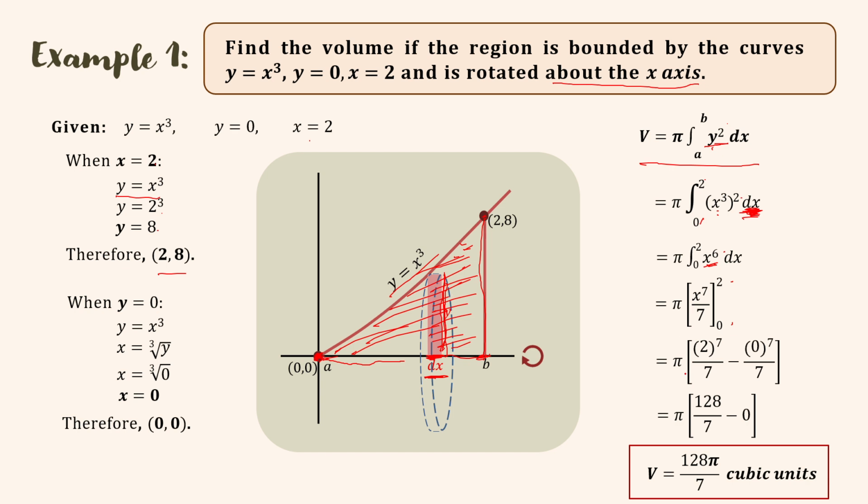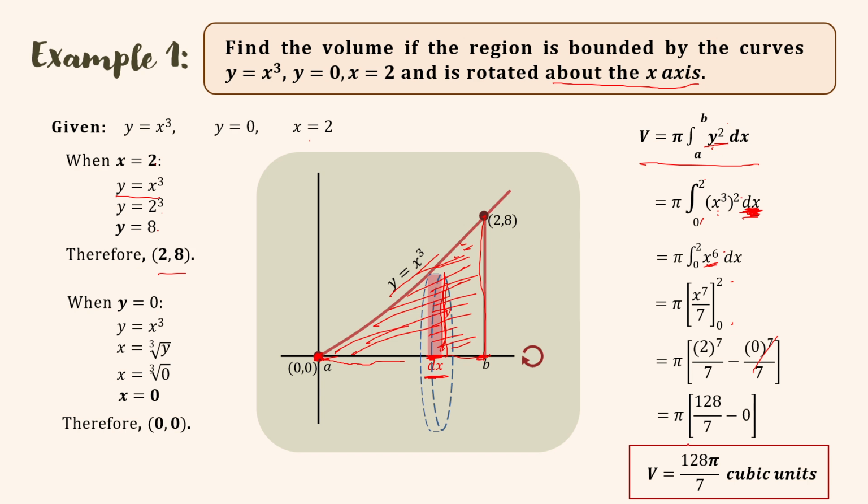So here, pi times x raised to 7 over 7, we substitute the values: 2 raised to 7 over 7 minus 0. Therefore, 128 over 7 minus 0, that is 128 pi over 7 cubic units.